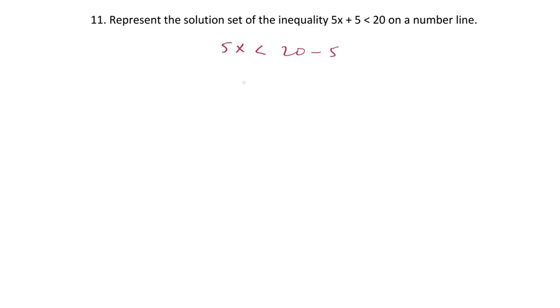Solving our right hand side, we are having 5x is less than 15. Okay, so now let us divide by 5 both sides. Then we are having x is less than 15/5. Solving this, we are having x is less than 3.